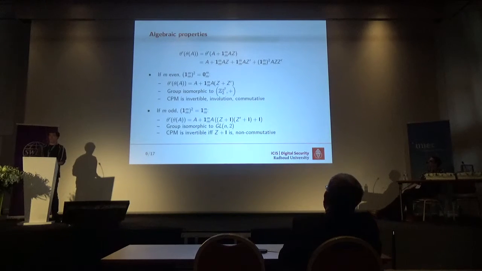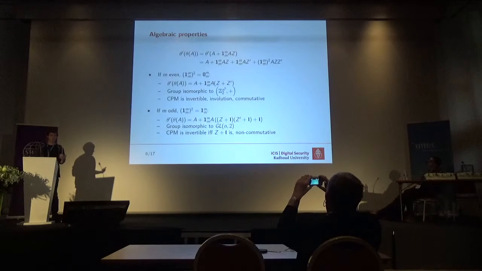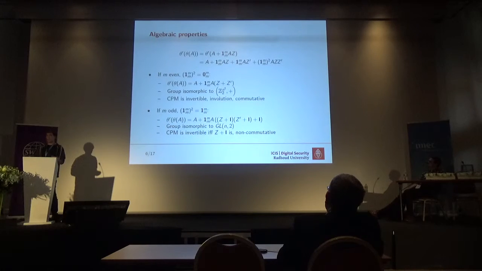But if m is odd, then this term becomes a bit different. And then it turns out that if z plus the identity is invertible, then this group becomes isomorphic to the general linear group, which are the n by n binary invertible matrices.